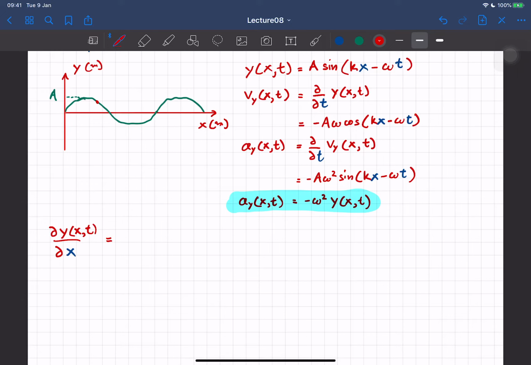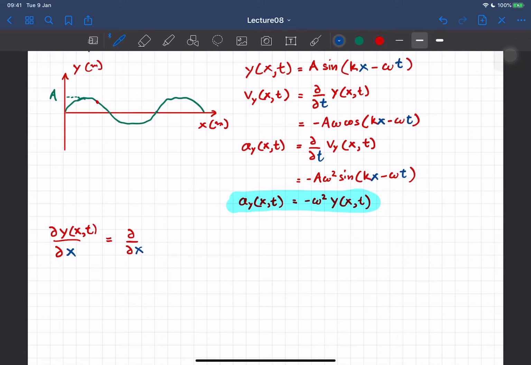Okay, we didn't really have a name for this one. It's not a velocity because it's not divided by time. So having no name is fine. Just call it dy by dx, right? It's the same thing as what you did earlier, except now you do it with respect to x.